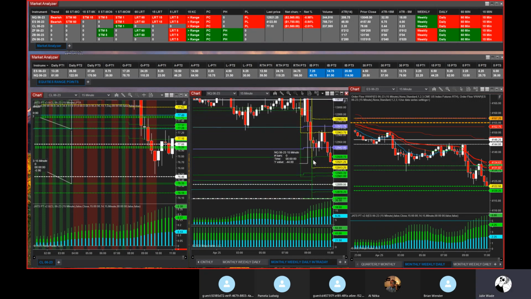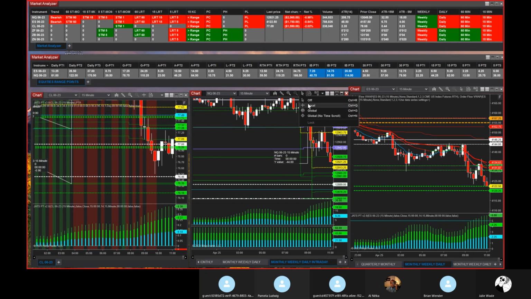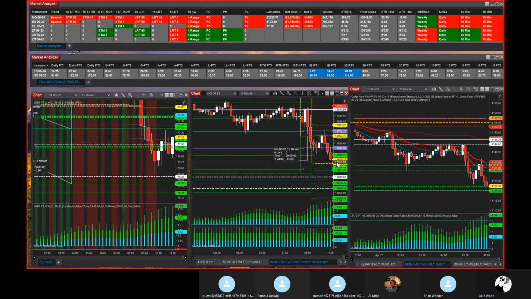We're at the end of our 44 range. Right here, 919, and that's off the open. And 44 again was the 15-minute PT2, 44.25.